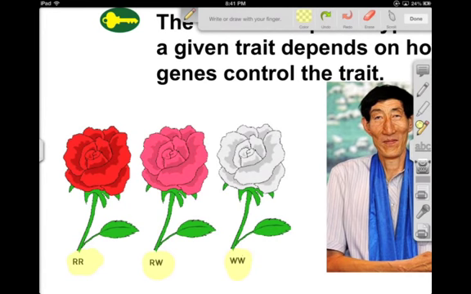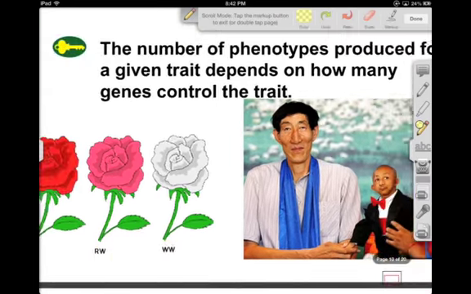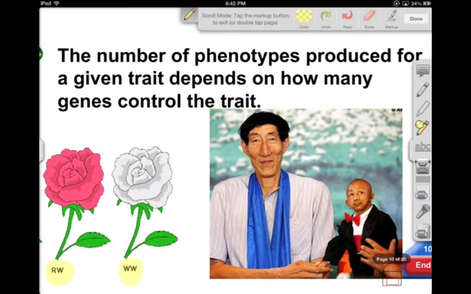The genes, or alternative forms, alleles, are very predictable. It's not always that simple. I have green eyes, and that involves multiple genes to make green eye color. Height is another one. It involves many genes, like green eyes, to produce a given trait, that being height.